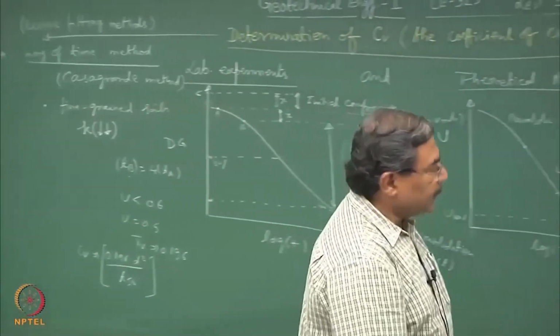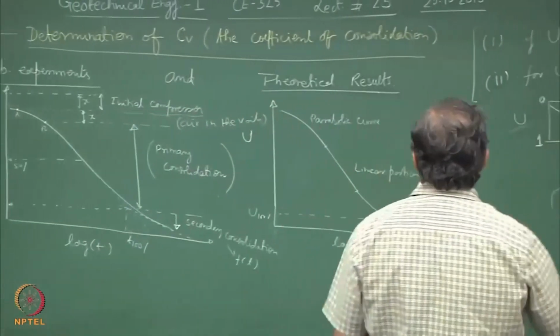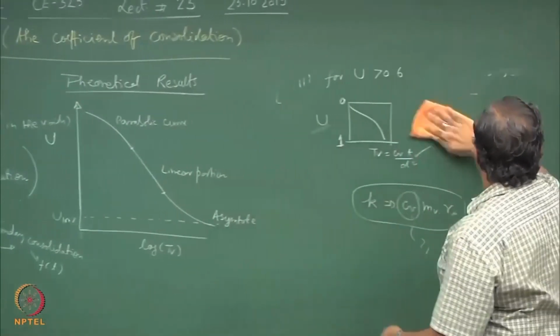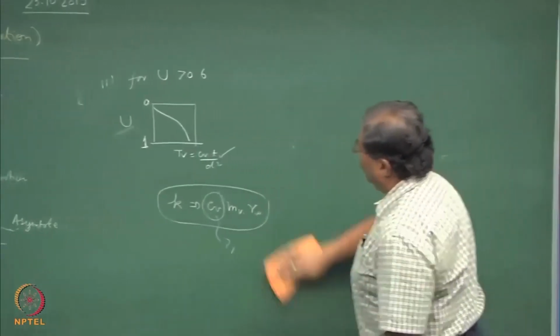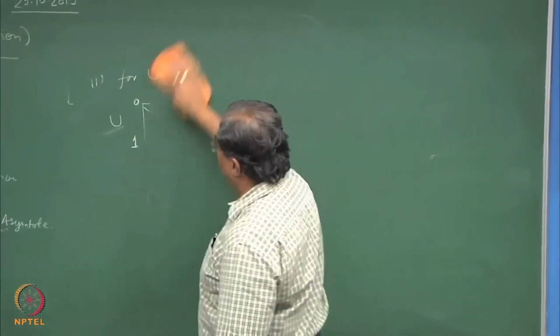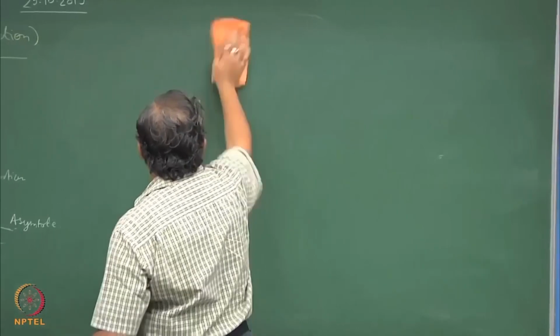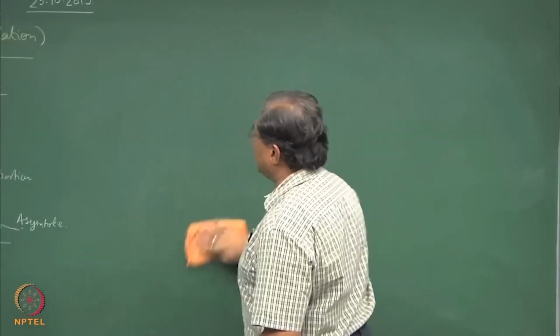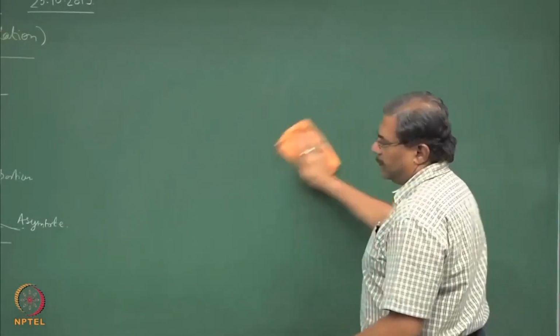The second method is known as the square root method, a square root of time method.